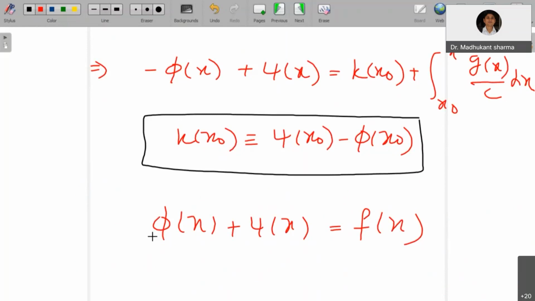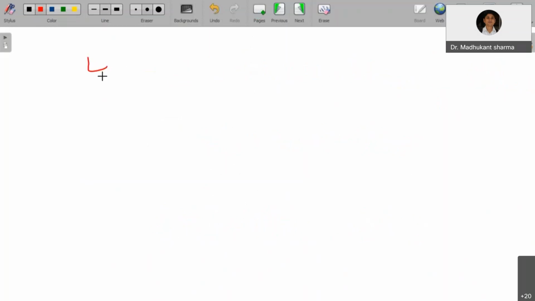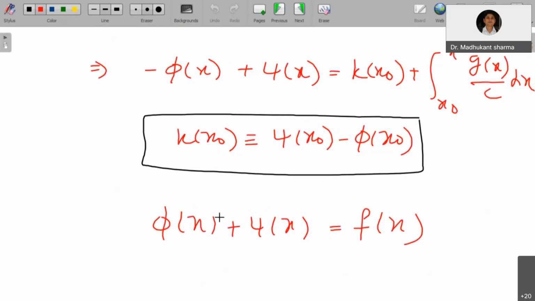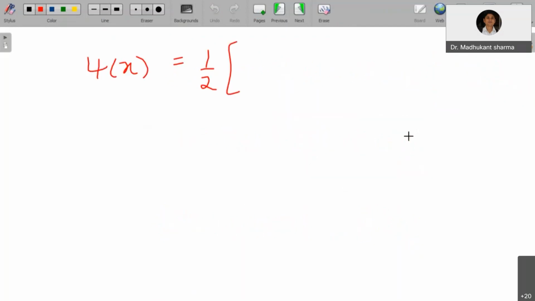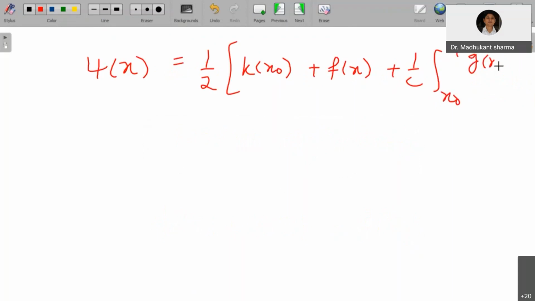How to solve this is you can sum up these two and you will get psi, and if you take the difference of these two, you will get phi. So on solving above, what will you get? C of x is equal to 1 by 2 times, because 2 times c of x is equal to k of x naught plus f of x plus 1 by c integration x naught to x g of x dx.